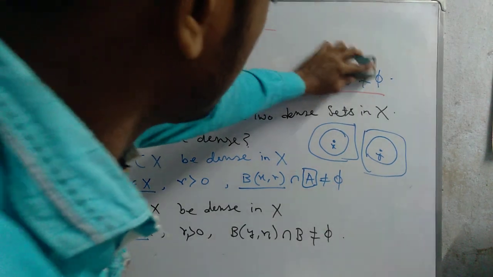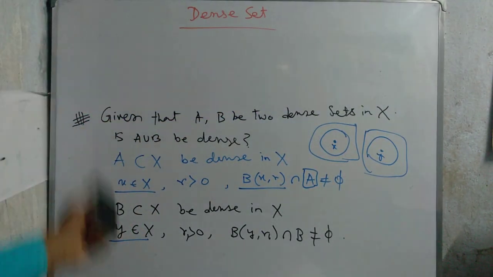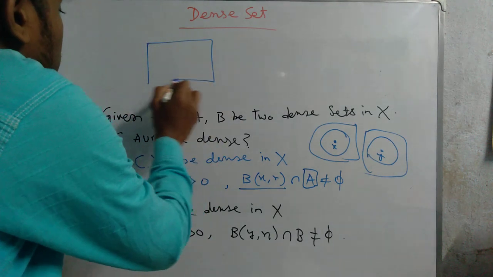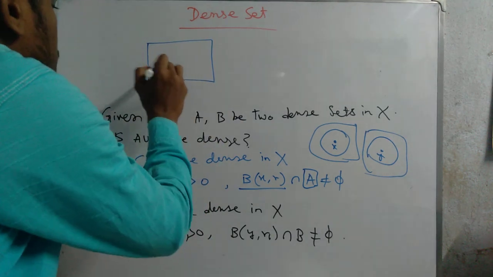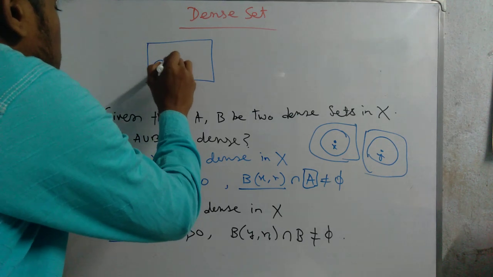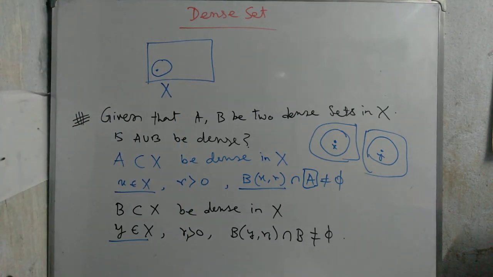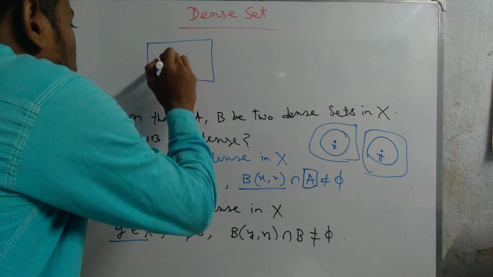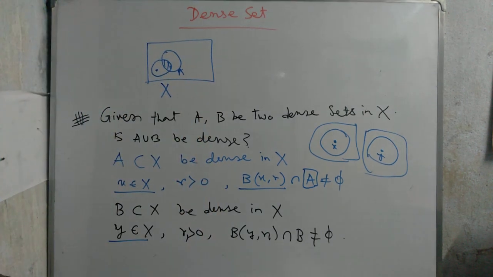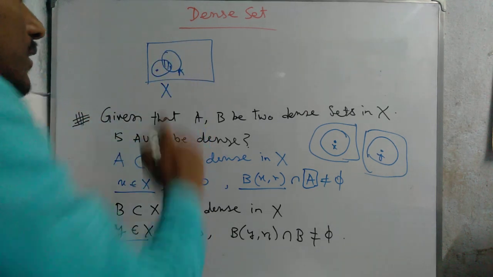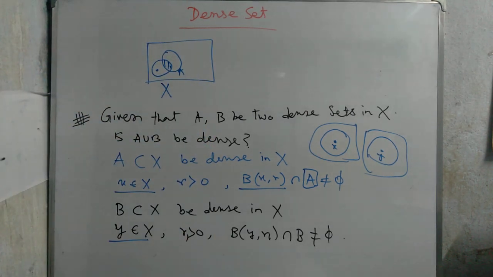Dense means that if we choose any point from the set X and draw some neighborhood around this point, then the intersection with A is not equal to empty set.